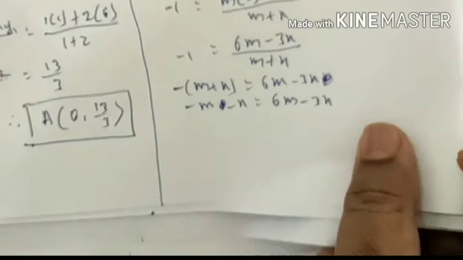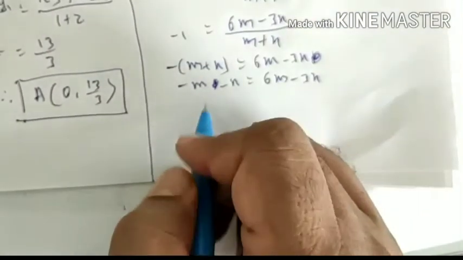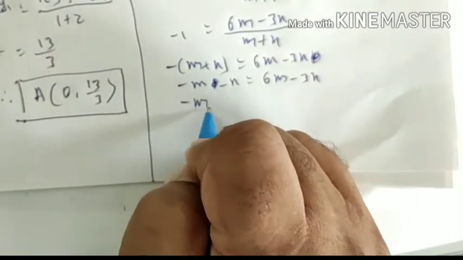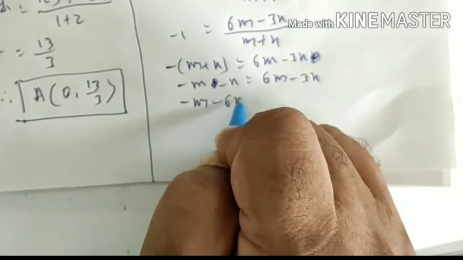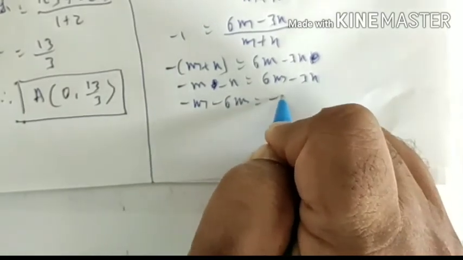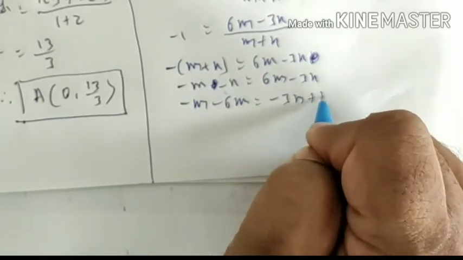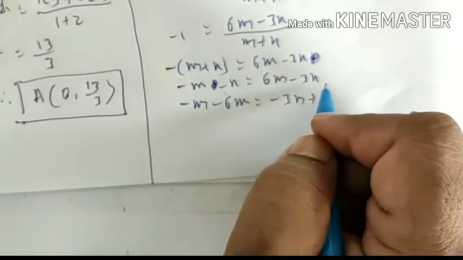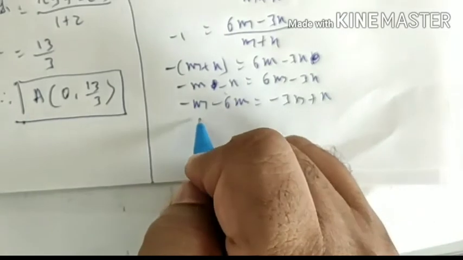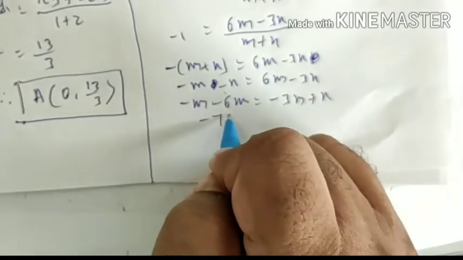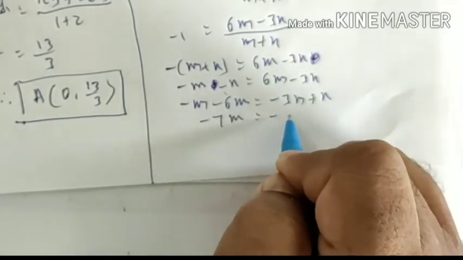Now change the sides. Bring 6m to left side. What we get? Minus m minus 6m is equal to minus 3n. Minus n going to right side, it becomes plus n. Or minus 7m is equal to minus 2n.